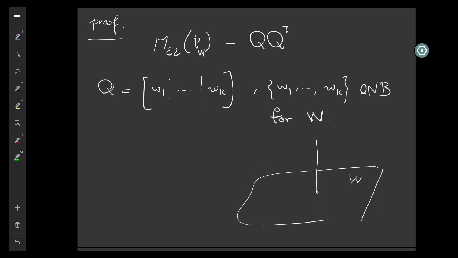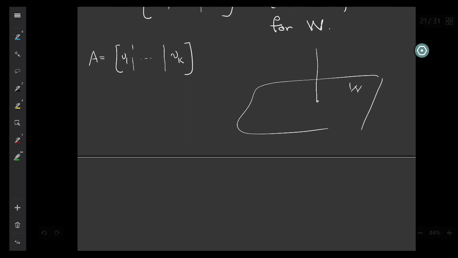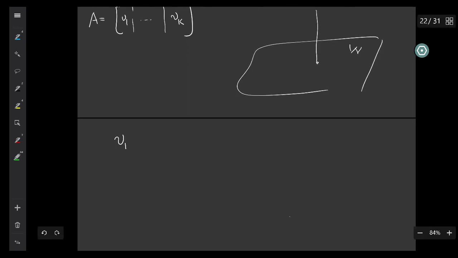So what's the plan? The plan is to write QQ^T in terms of v1 through vk, in terms of A, this matrix, and let's see what happens. Because v1 through vk span W, v1 is of course in W. v1 can be written as a linear combination of w1 through wk, because w1 through wk also span this subspace.